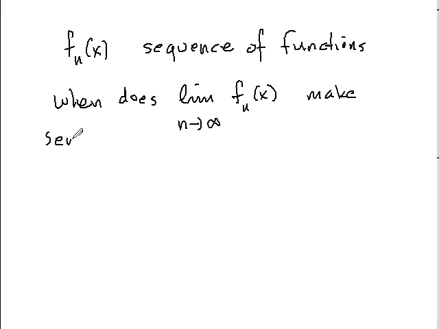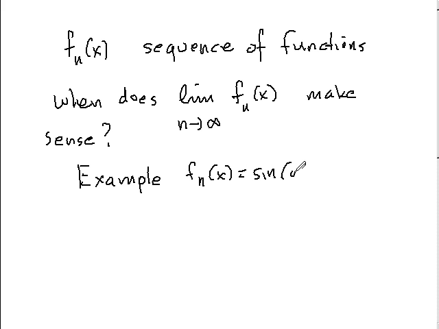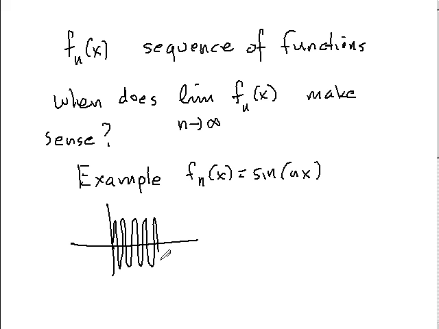That's not an obvious answer, because first of all, what do you mean by a limit? Well, a limit has something to do with distance, and what's the distance between two functions? So for example, and this is an important one, suppose I have f sub n of x is sine n x. If you graph that, what does this look like? This looks like a very solitary function for n large, but it always goes between +1 and -1, right?